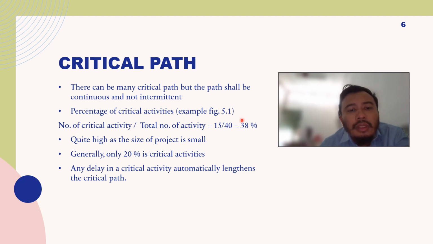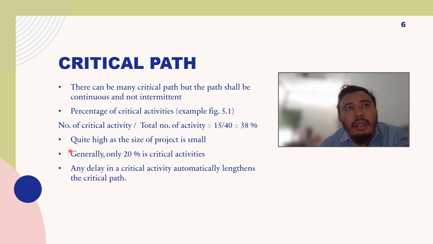Percentage of critical activities in example figure 5.1: the number of critical activities divided by the total number of activities. So you will get your percentage, how many activities are critical to the project. For example, 15 activities out of 40 activities, so you get 38% critical activities. The way you can classify it is that the percentage is high.